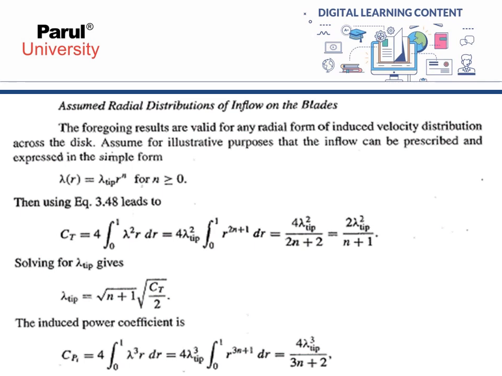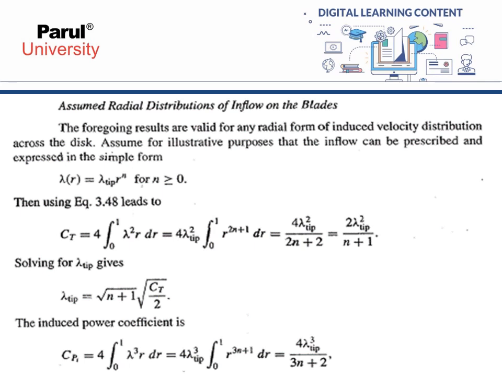Assuming, for illustrative purposes, that the inflow can be prescribed and expressed in the simple form λ(r) = λ_tip r^n for n greater than or equal to 0, then equation 3.48 leads to C_T = 4 integration 0 to 1 λ² r dr = 4 λ_tip² integration 0 to 1 r^(2n+1) dr = 4 λ_tip² divided by (2n + 2) = 2 λ_tip² divided by (n + 1). Solving for λ_tip gives λ_tip = (n + 1)^(1/2) times square root of C_T by 2.